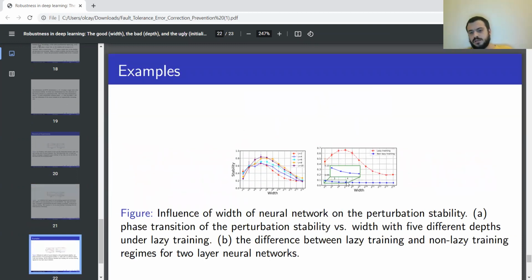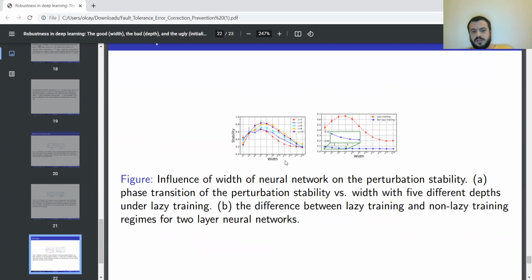Okay, so this is just the numeric evidence of what I discussed. For example, with this, you can see the width increase. A shallow network, as I say, with the LeCun initialization, is the red one here.